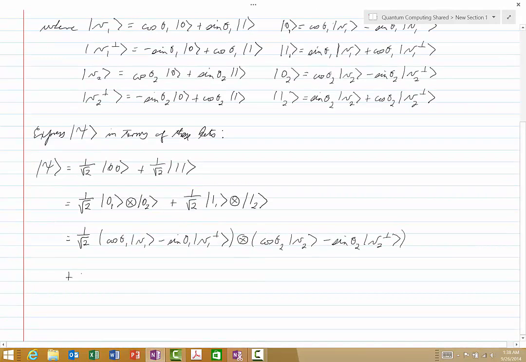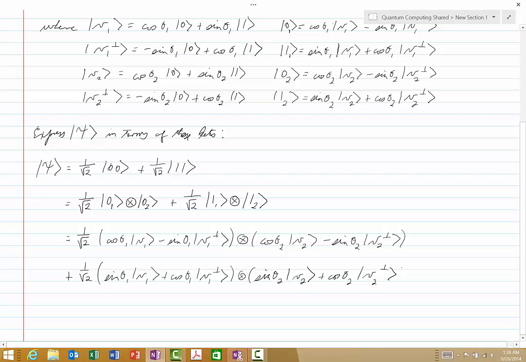And now we have to include the second term, 1 over square root of 2. Now we're doing this term. And so we have sine theta 1 V1 plus cosine theta 1 V1 orthogonal, sine theta 2 V2 plus cosine theta 2 V2 orthogonal.